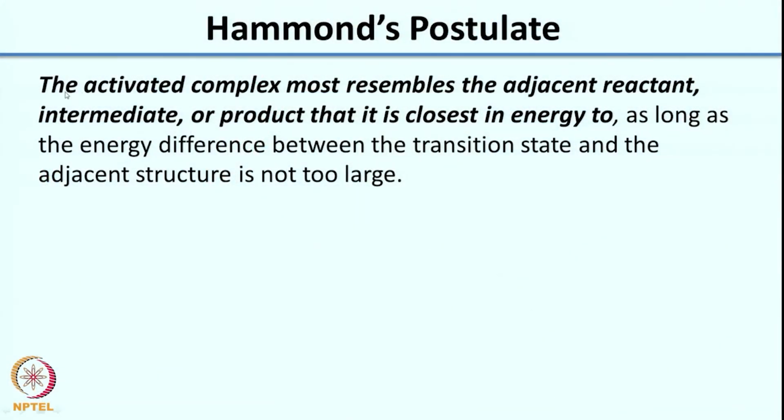What Hammond's postulate states is that the activated complex most resembles the adjacent reactant, intermediate or product that it is closest in energy to, as long as the energy difference between the transition state and the adjacent structure is not too large.